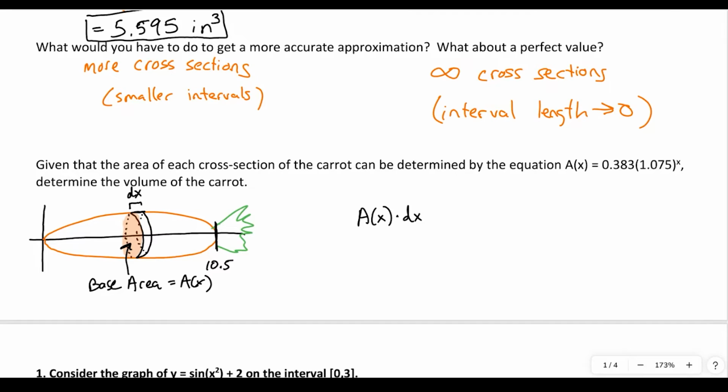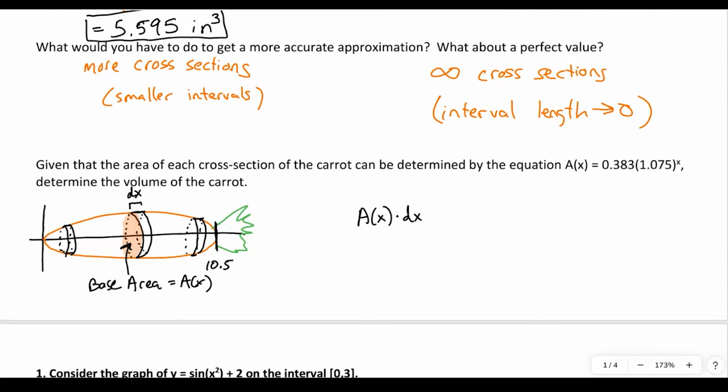Now, that little formula will give us the volume for one of these, but we want all of these little disks throughout the caret. So you've got another one over here, and another one going over here. We've got a lot of these disks, infinitely many of them, and we want to add them all up.